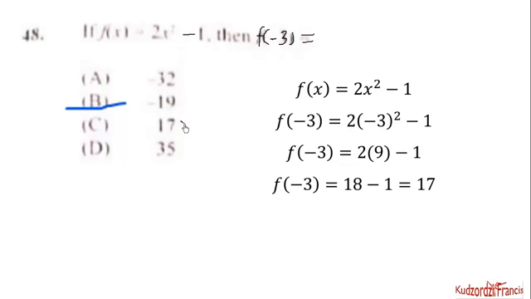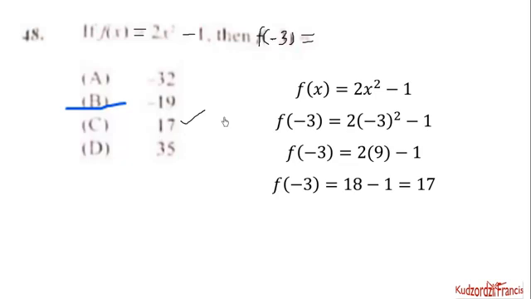It's supposed to be 17, not negative 19. But the function is 2x squared. The function is 2x squared. Yeah, 2x squared minus 1. So there's no way you can get negative 17, negative 19 here.